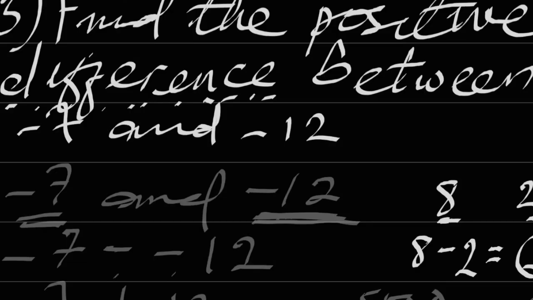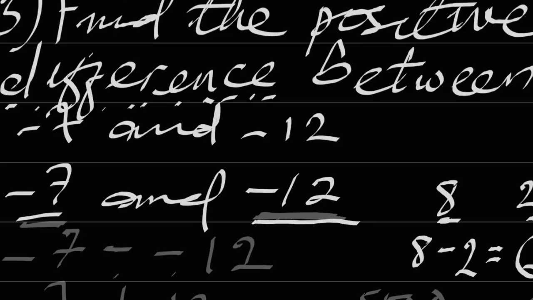There is a little mystery behind negative numbers. If you are dealing with negative numbers, the bigger the number looks, that is how smaller it is. Now, if we want to apply what we just said, positive difference between minus 7 and minus 12, it looks as if minus 12 is bigger than minus 7. But that's not true.